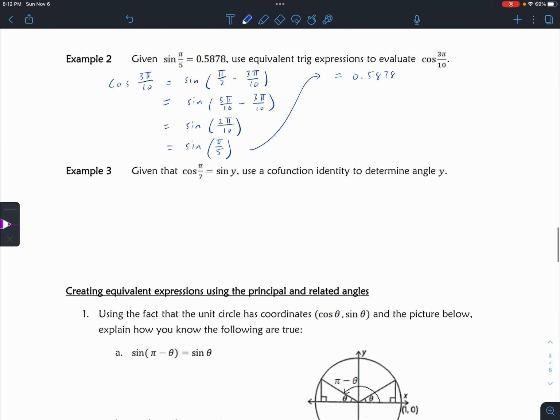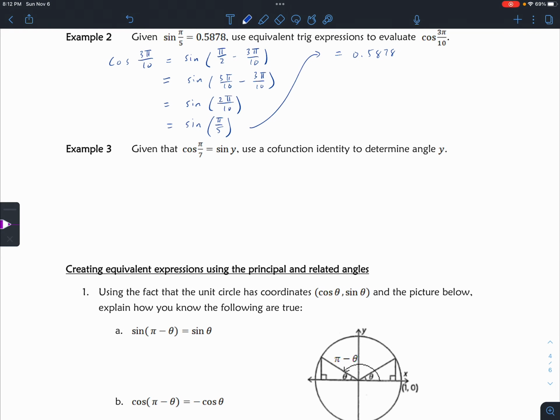Okay, so going back to example 3. Here it says, given that cosine of pi over 7 is equal to sine of y, use a cofunction identity to determine angle y. Starting with cosine of pi over 7, we know that it's going to be sine of pi over 2 minus pi over 7, using the cofunction identity.